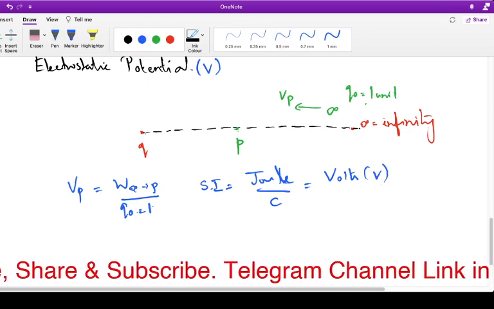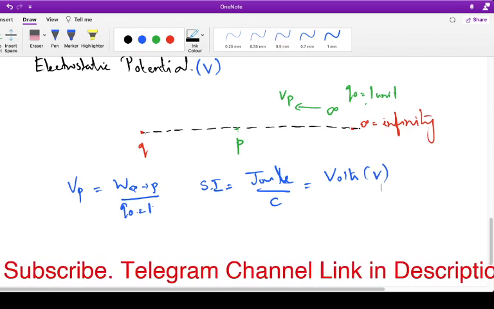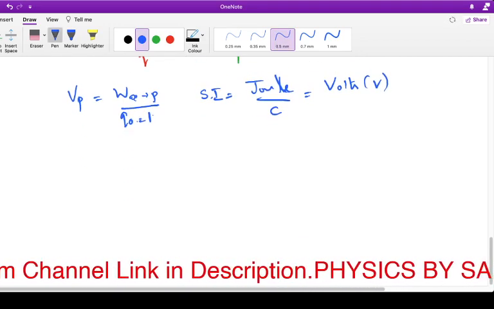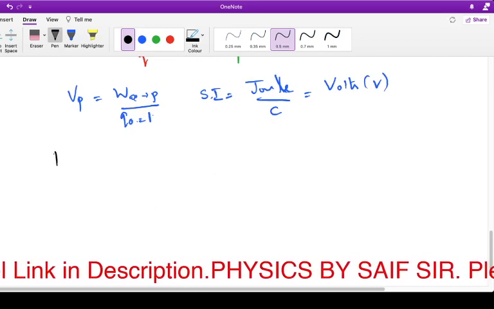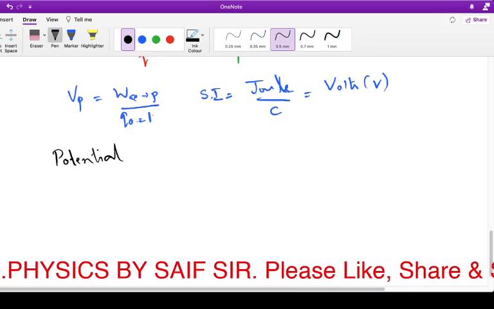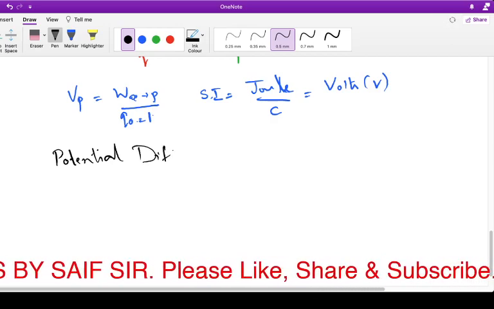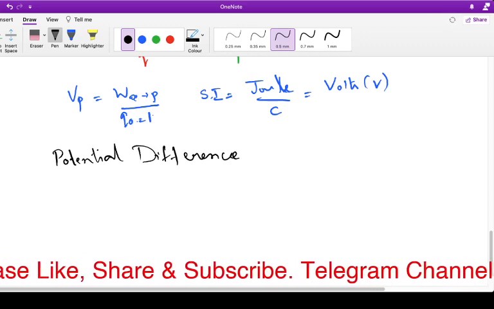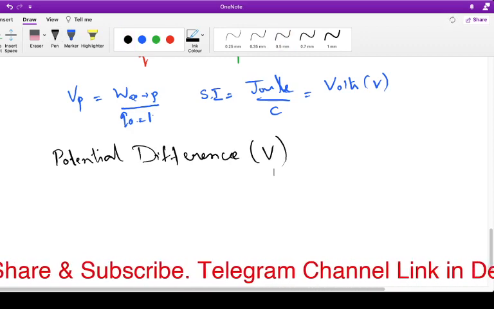Now there is another topic, called potential difference, which is also represented with the symbol V, volts.